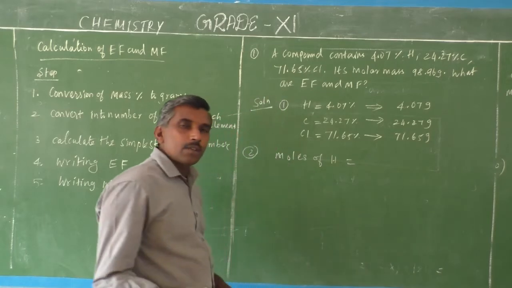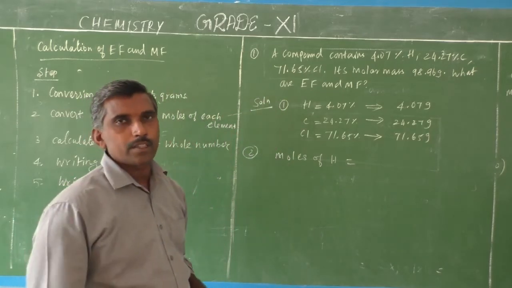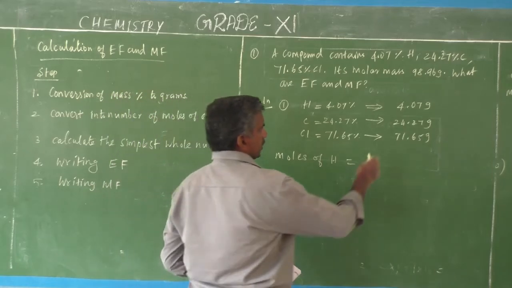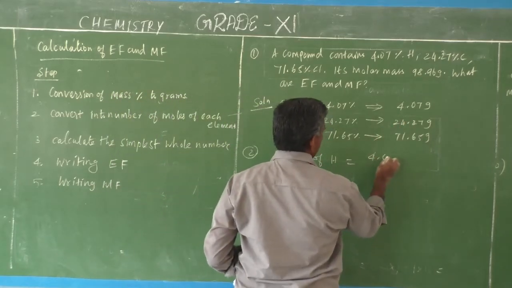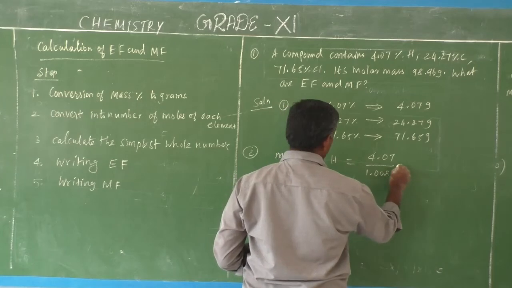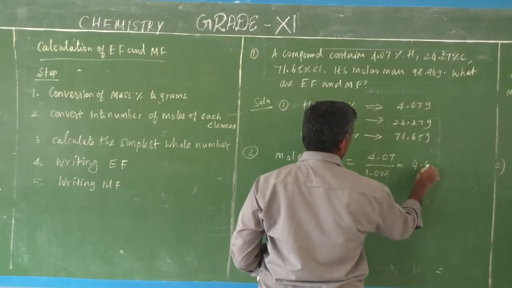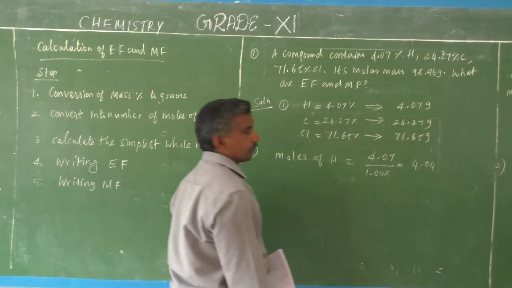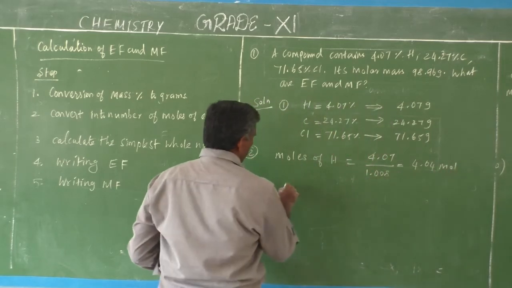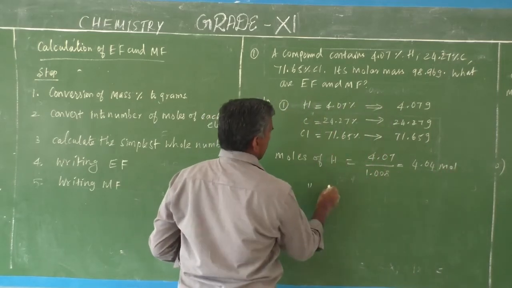What is the formula for moles? Given mass divided by molecular mass or atomic mass. For hydrogen, given mass 4.07, atomic mass 1.008, that is 4.04 moles of hydrogen.